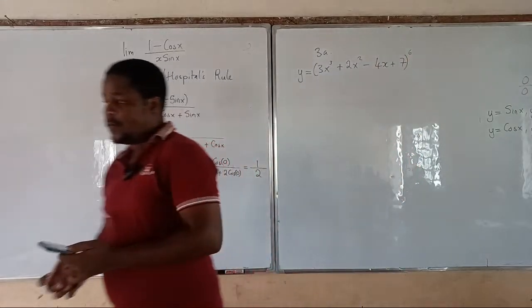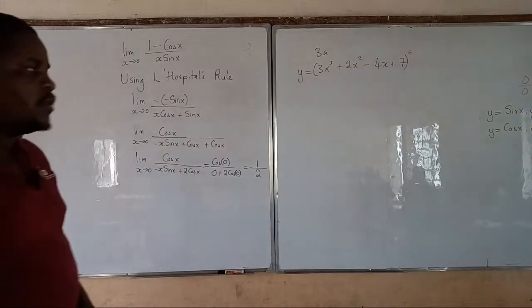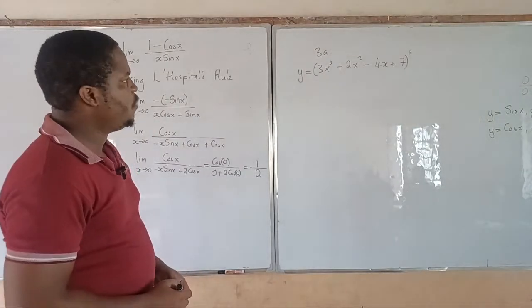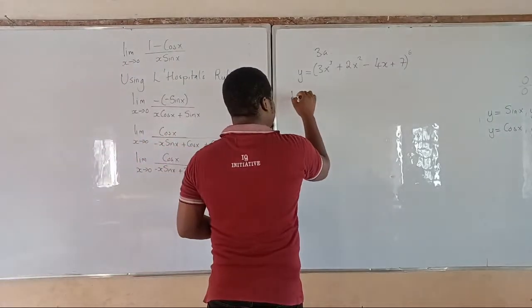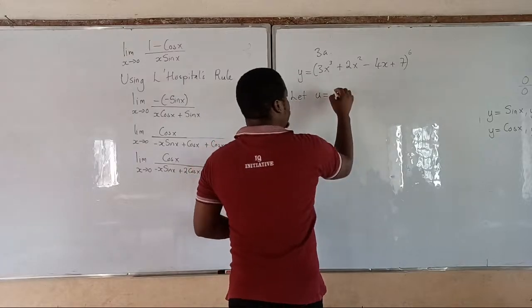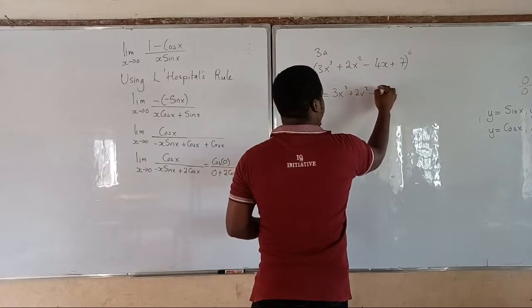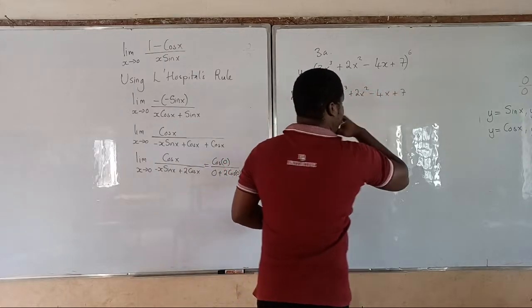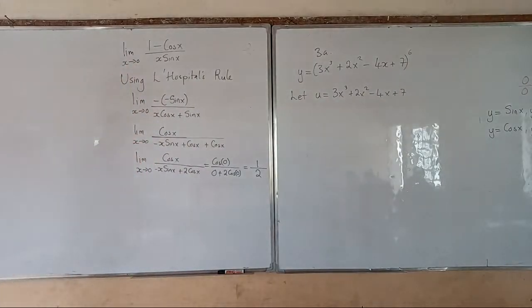Remember I said as long as you have a bracket with a certain power outside the bracket, you have to use the chain rule. Now the chain rule works like this. Everything inside the bracket is u. So let u be equal to everything inside, which is 3x^3 + 2x^2 - 4x + 7.